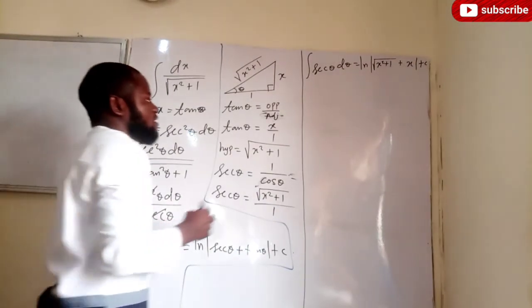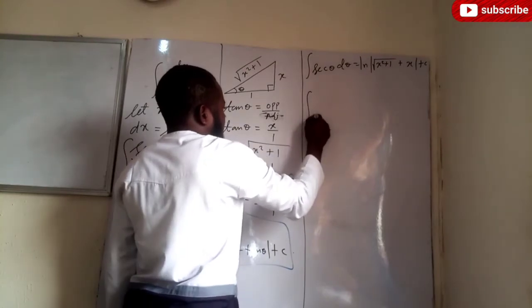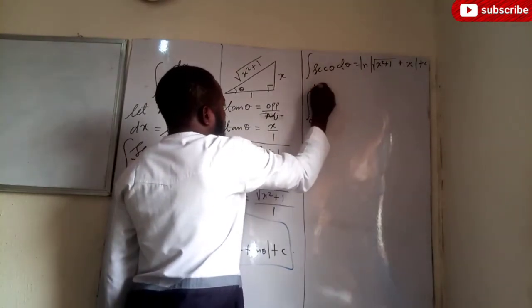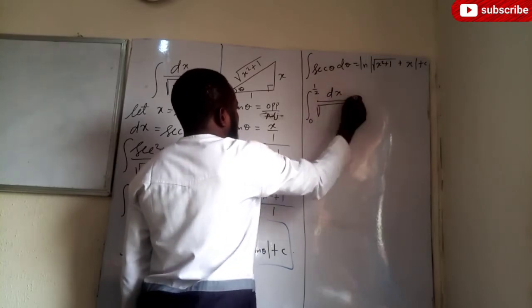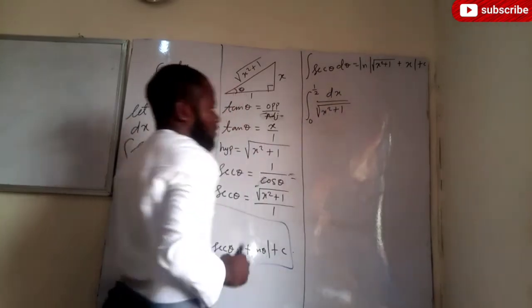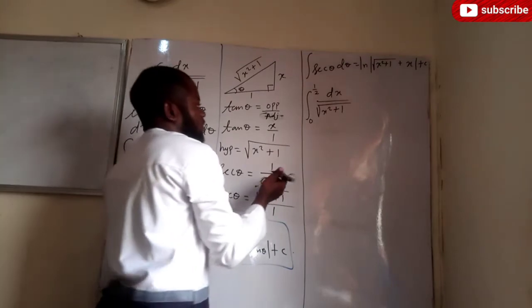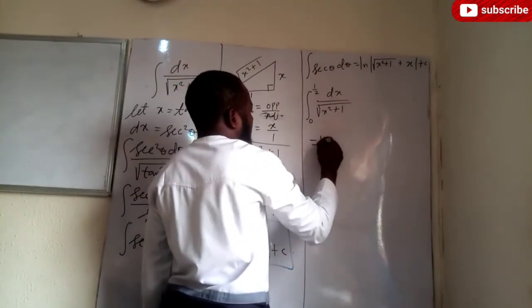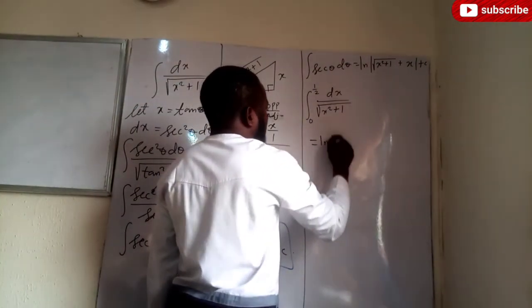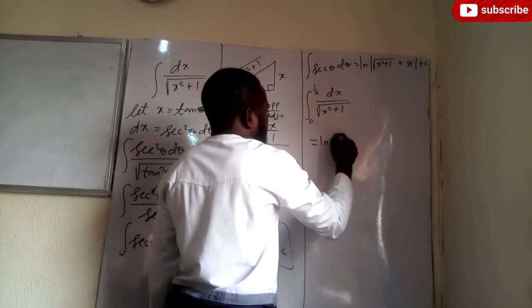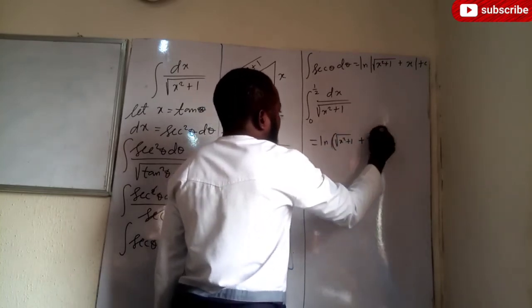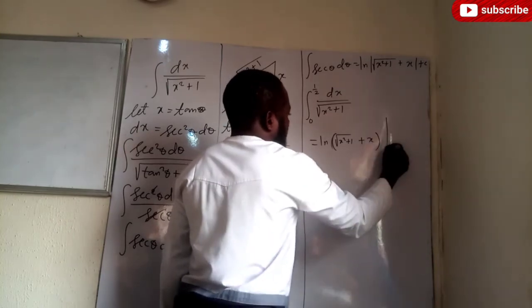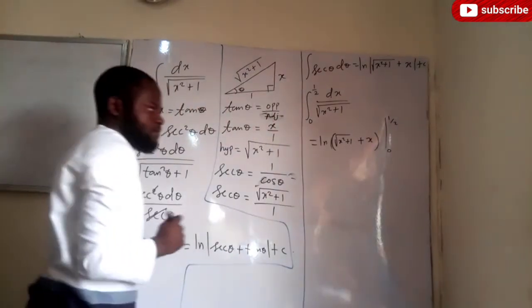Now let's quickly take it to the definite integral from 0 to 1 over 2 of x all over the square root of x squared plus 1. This is just ln of the square root of x squared plus 1, plus x, from 0 to 1 over 2.